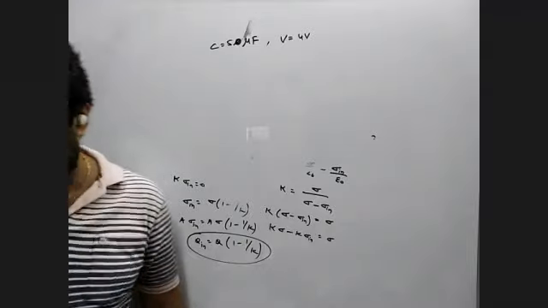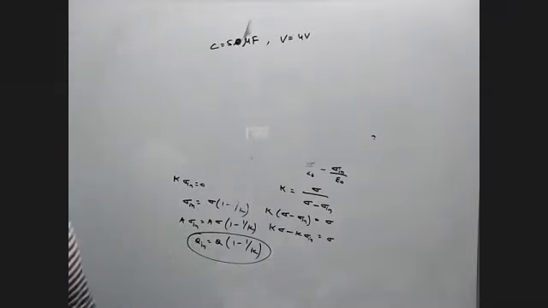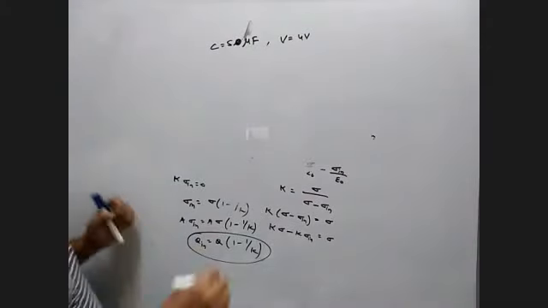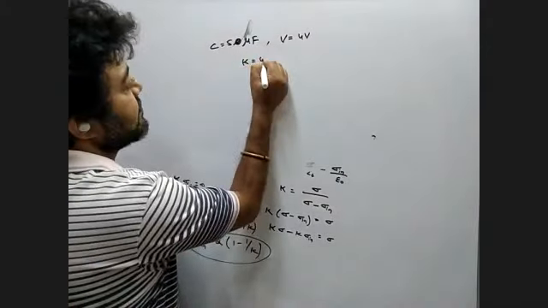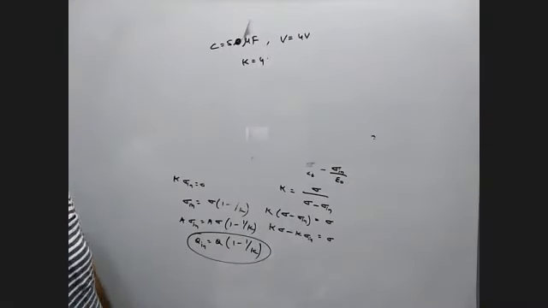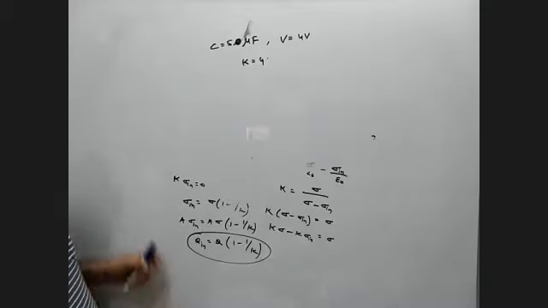Then after full charge, disconnect the battery and insert a dielectric slab with dielectric constant K equals 4. Now the question is to find the new charge induced on the slab after insertion.